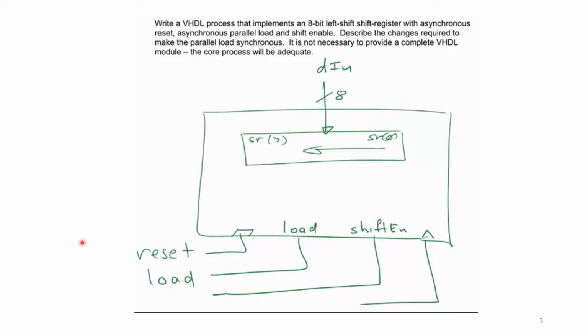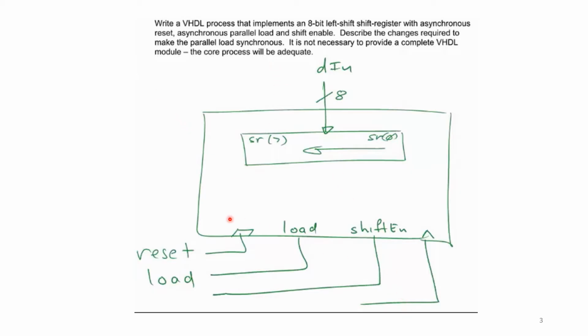Asynchronous reset means it doesn't depend upon the clock. Here you have the clock, so it doesn't really depend upon the clock. And asynchronous parallel load, the same thing. Load is also asynchronous, so these two are asynchronous, and shift enable is also asynchronous, right?